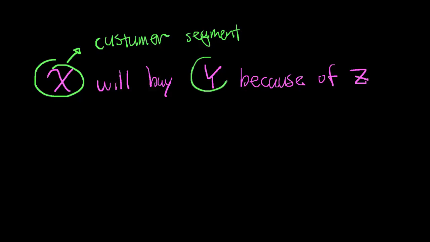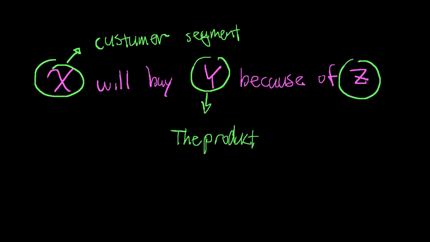Next, we look at Y. Y, in this case, is the product. So this is just a very short description of what it is that you are seeking to build your company or your idea around. And the third thing, Z, most importantly, is the set of virtues or features.